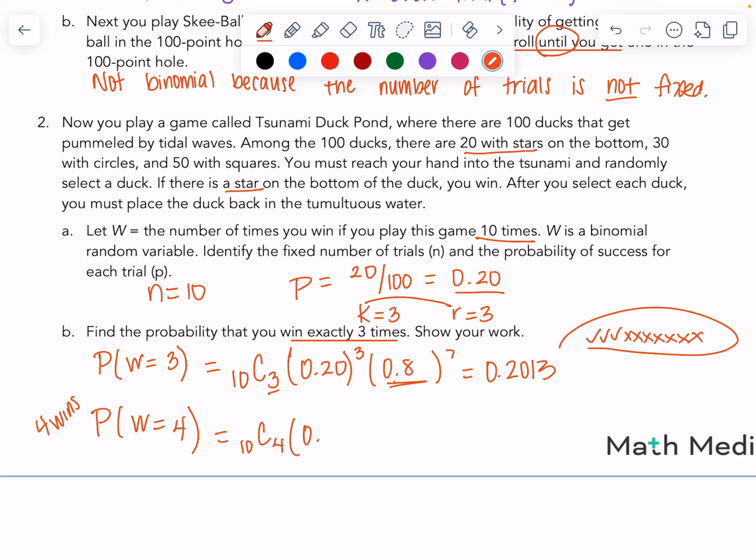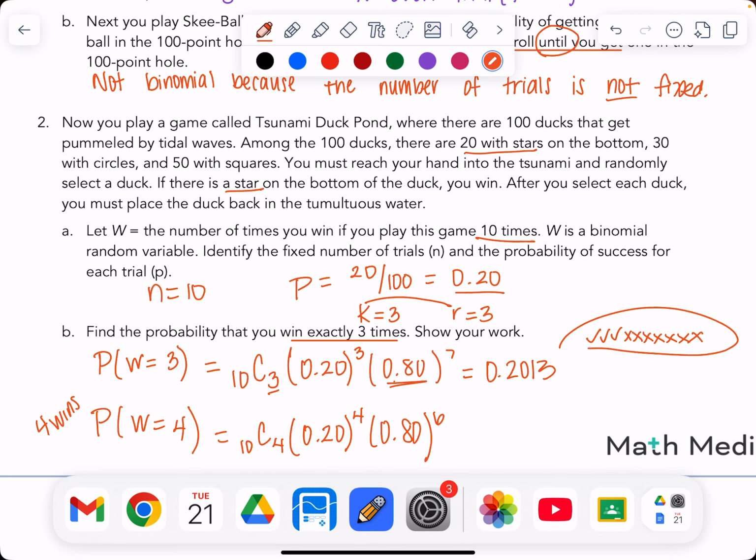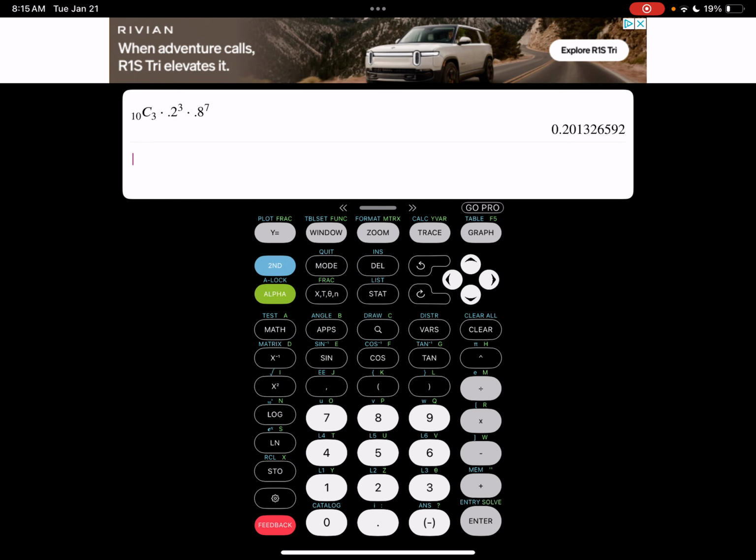The probability of success has not changed, but the number of successes has. That's going to be to the 4th power. And the number of failures, if I have 4 successes out of 10 trials, means that I have 6 failures.